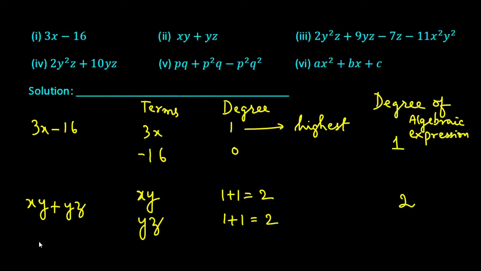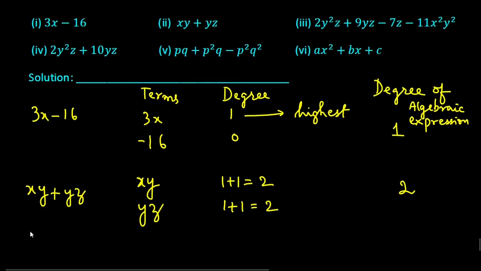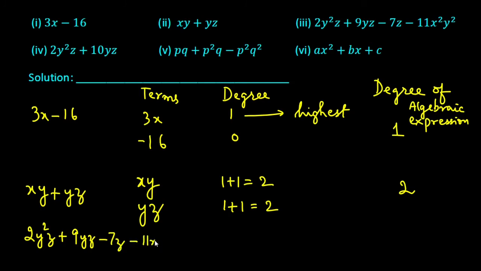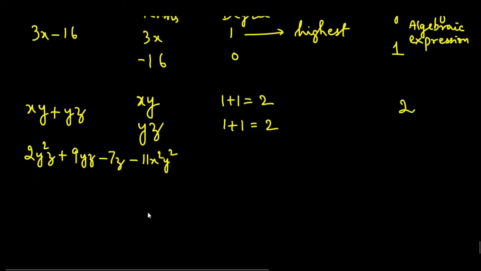Third one, 2y square z plus 9yz minus 7z minus 11x square y square. Here we have 4 terms. The degrees of the terms are: the degree of the first term is 2 plus 1 is equal to 3.